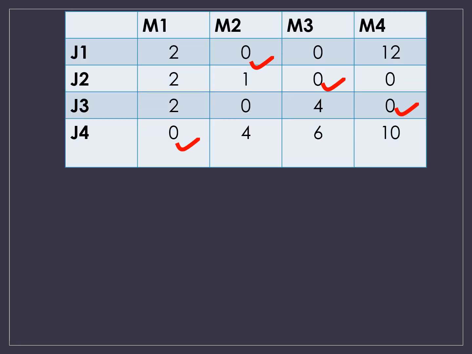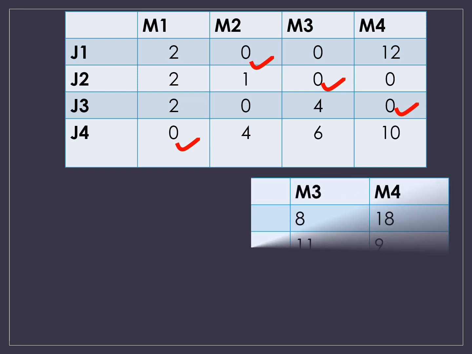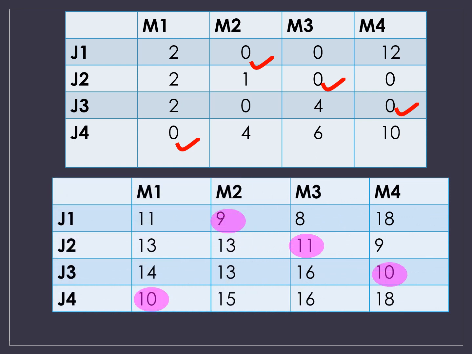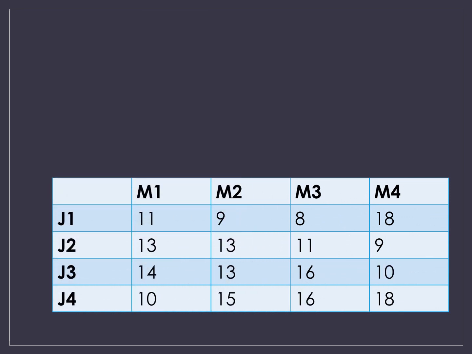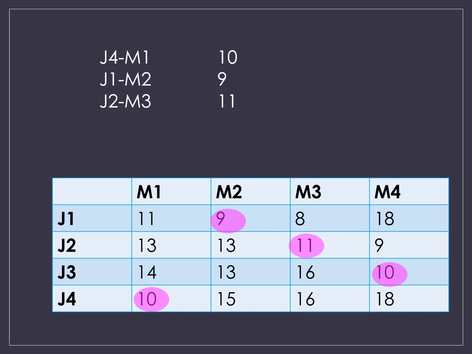Now based on the original matrix, we have to identify the cost for each alternative. You can see that when we allocate J4 to M1, the cost is 10, J1 to M2, the cost is 9, J2 to M3, the cost is 11, and J3 to M4, the cost is 10.